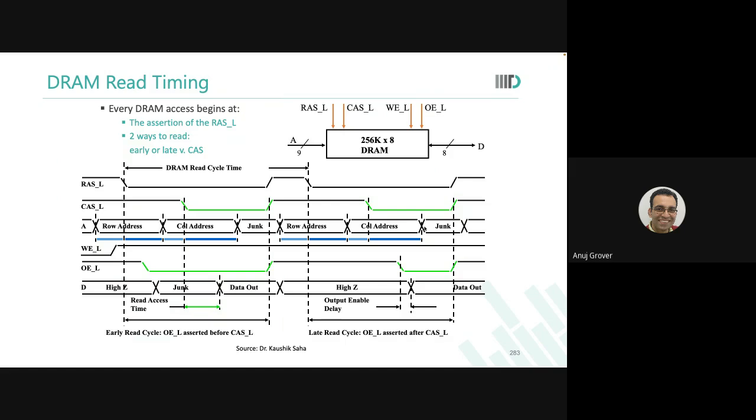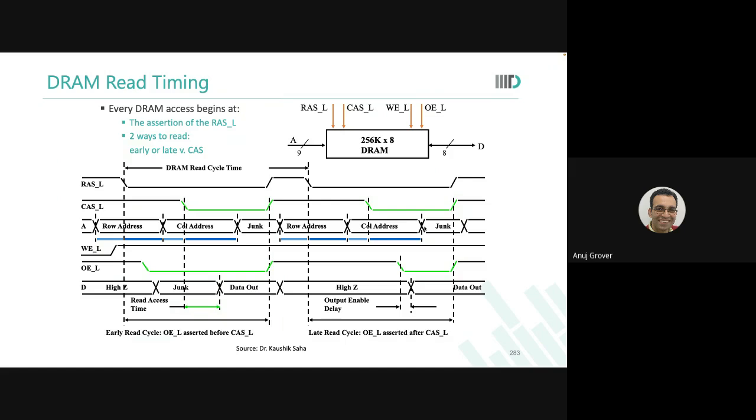Only the die for which output enable is active is allowed to put its data on the output bus. The remaining dies will hold it with them and not put it on the bus. Is that okay? So they have a latch just before the output driver, and that latch holds the data.